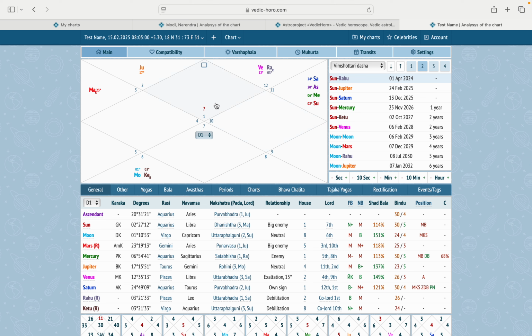So once again, the first, 4th, 7th and 10th represent the cardinal points, or what we will call Kendra points. And the general rule is all the Kendra points are almost certainly auspicious. That is, these 4 houses are auspicious houses.